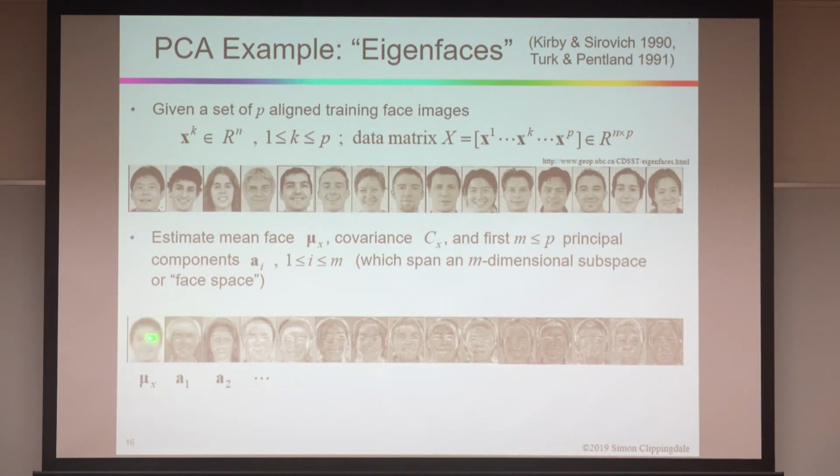That's this image down here. This is the mean of all these images. And then calculate the principal components. This is the biggest one.